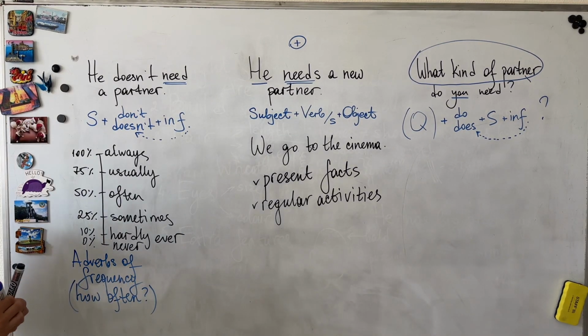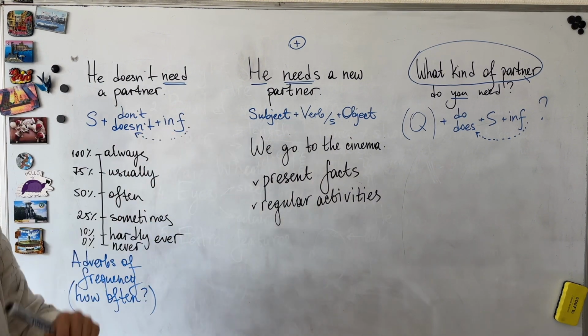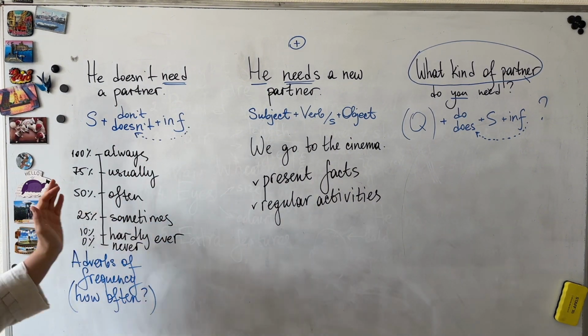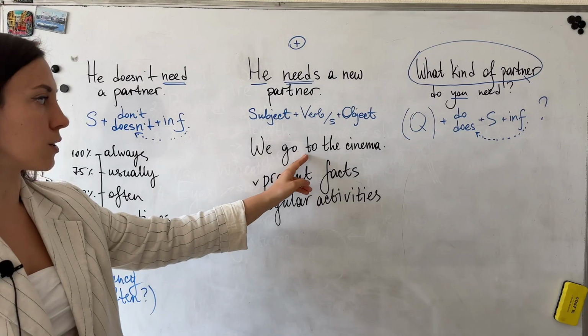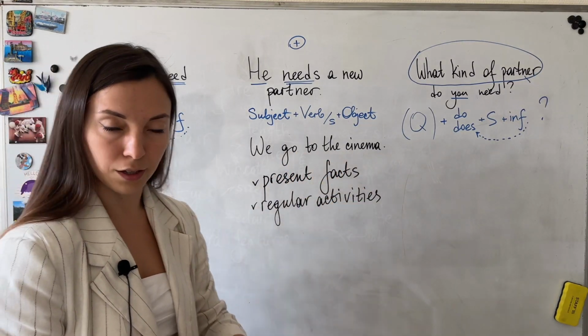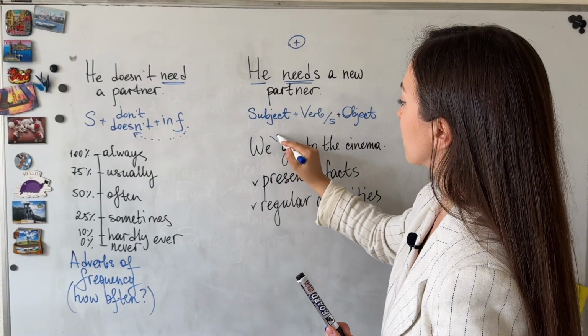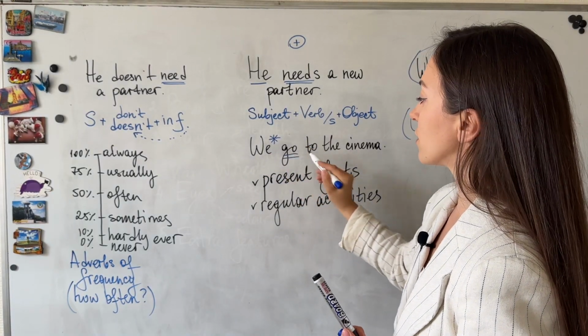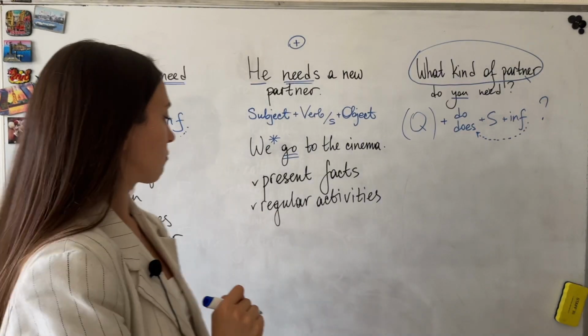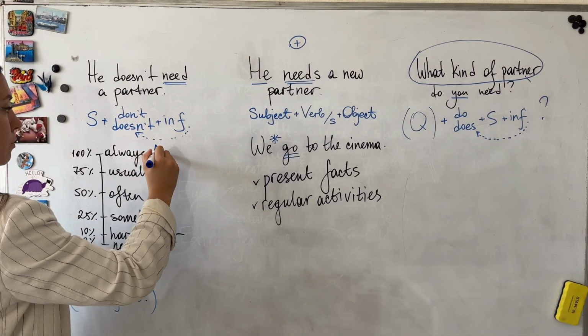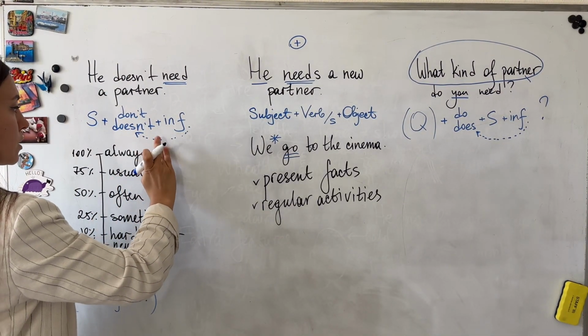Okay, let's use them in a sentence. For example, we go to the cinema. Let's use often. Where shall I put it? Here, here, here, here, or at the end? We will use them before the main verb. I will mark them as an asterisk.